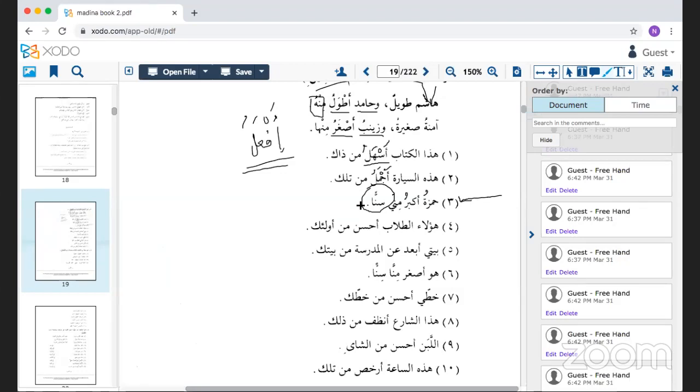It's mansoob. Barakallahu fiqh. What else can you say about it? It's mufrad. Ahsant. So something which is mufrad and mansoob, one of the things that we learned about that type of word is that it is tamyiz. Tamyiz means it's a differentiator.